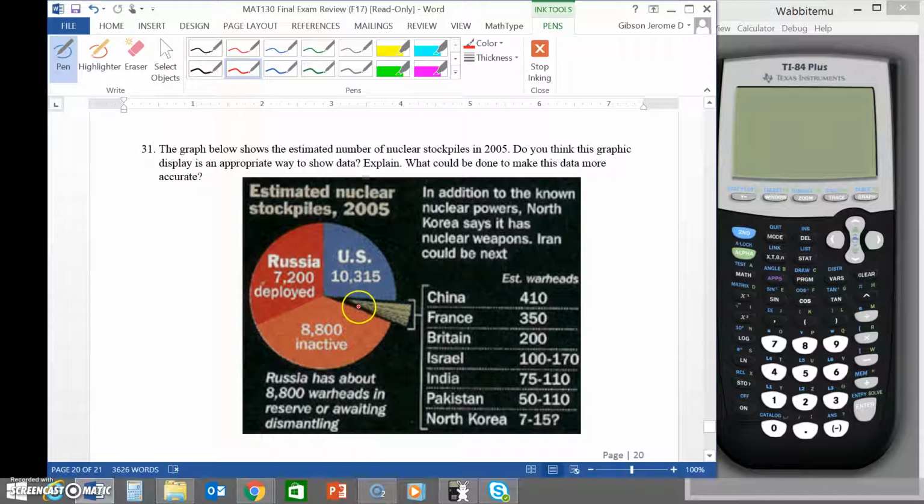So you could just draw a graph that's more representative of the numbers displayed. You're basically showing how these graphs are misleading and what the solution could be. And that's one solution.